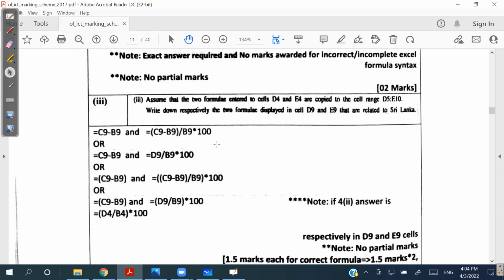So your answers are going to be something similar to these answers. The cell addresses should not be changed. Any pair will give you 3 marks.